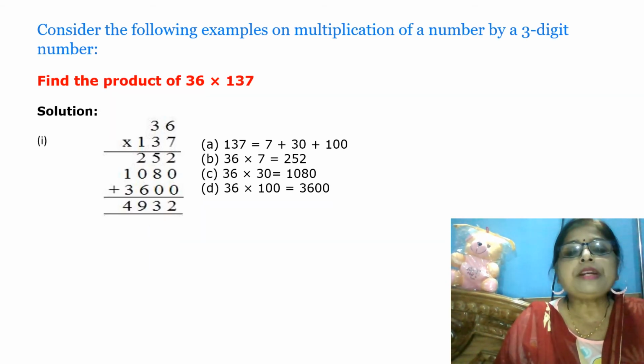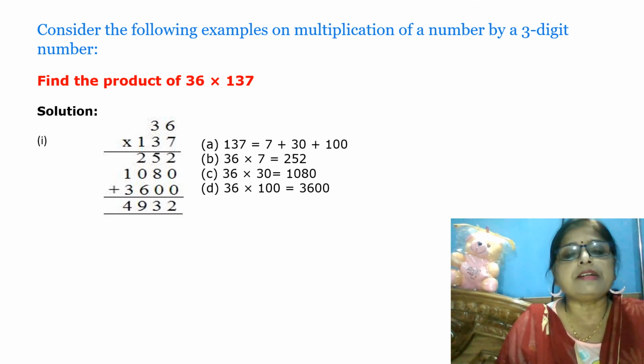Now my dear students, it is the multiplication by a number of 3 digits. Here you have to multiply 36 by 137. So first you write 36, then 137. As you know, 137 can be written as 100 plus 30 plus 7. First you multiply 36 into 7, that is 252.